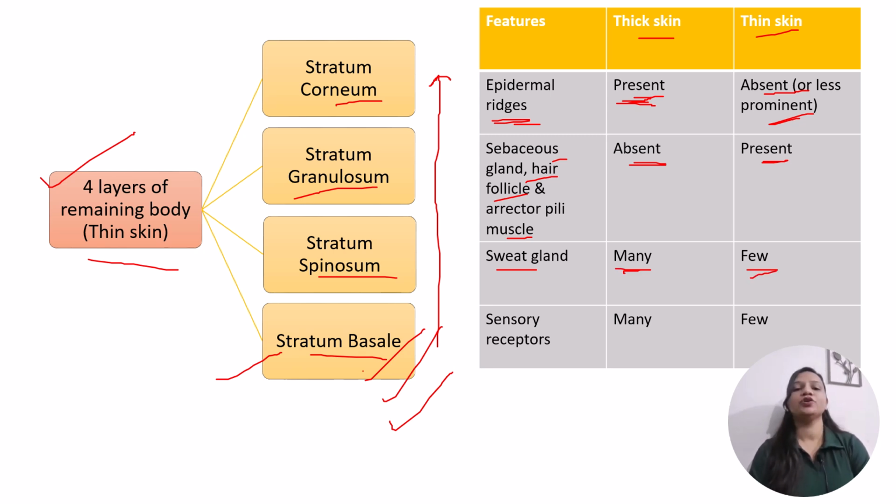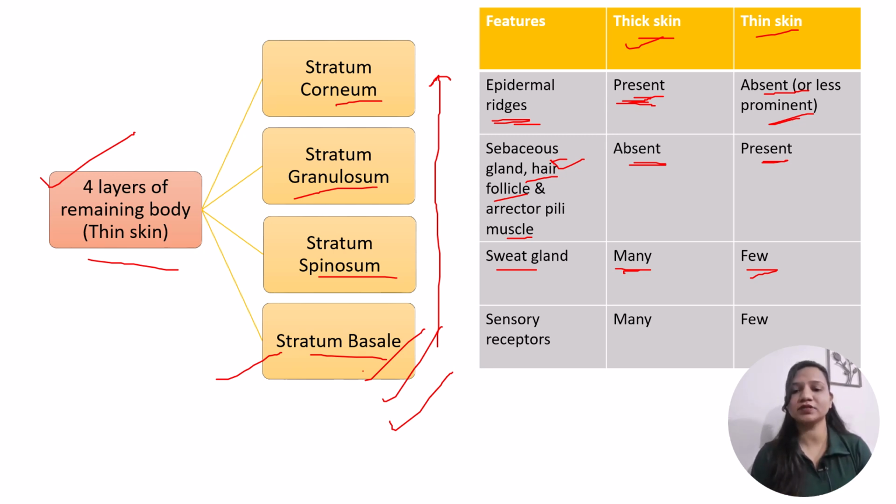Why so? As we know, thick skin lacks sebaceous glands, which are also called oil glands. So what do sweat glands do here? They compensate by maintaining hydration and lubrication in the thick skin.